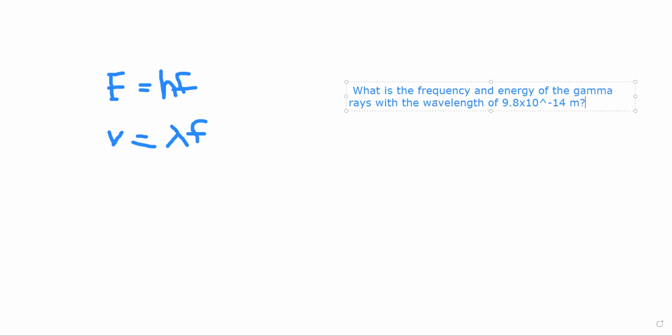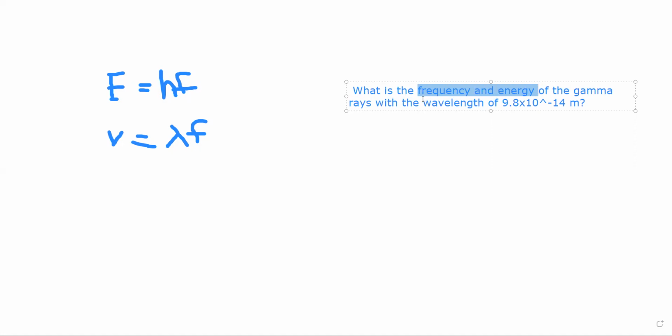So here, what is the frequency and the energy of gamma rays with a wavelength of 9.8 times 10 to the power of negative 14 meter? Take note that this is the frequency and the energy that you need to find.